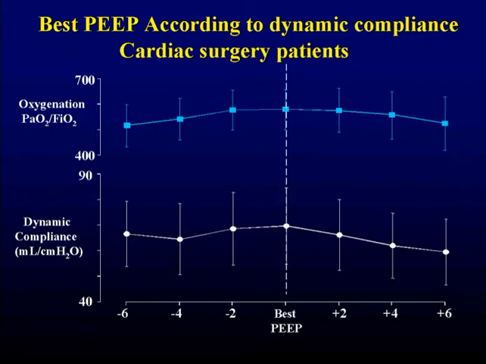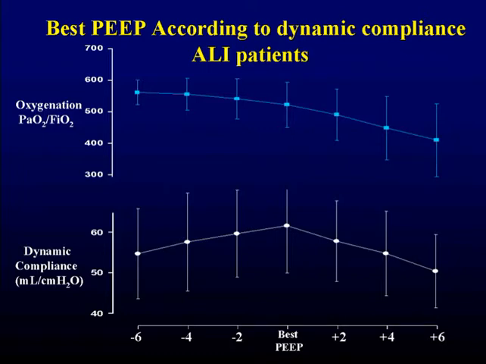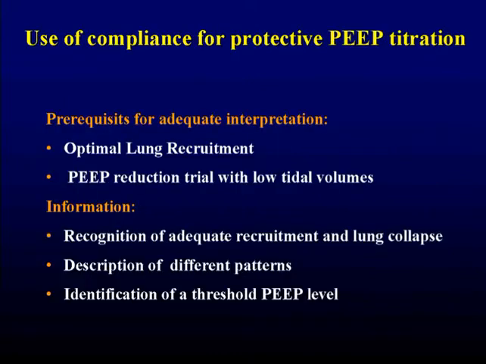We saw that in the group of patients with no lung problems, only collapse, this matched the best point in oxygenation. A different result, again, in acute lung injured patients, where we could see a clear cutoff point in compliance, but this had no relation to the best point in oxygenation.